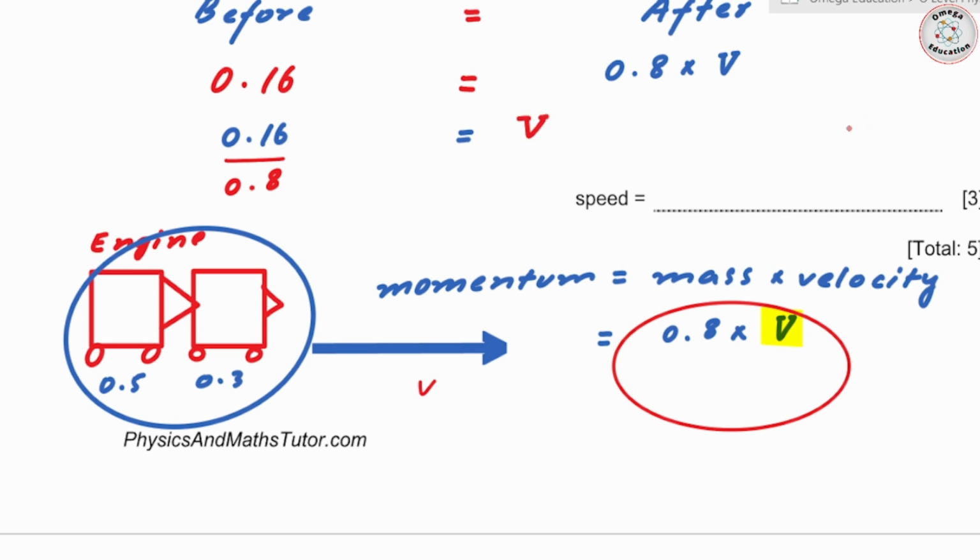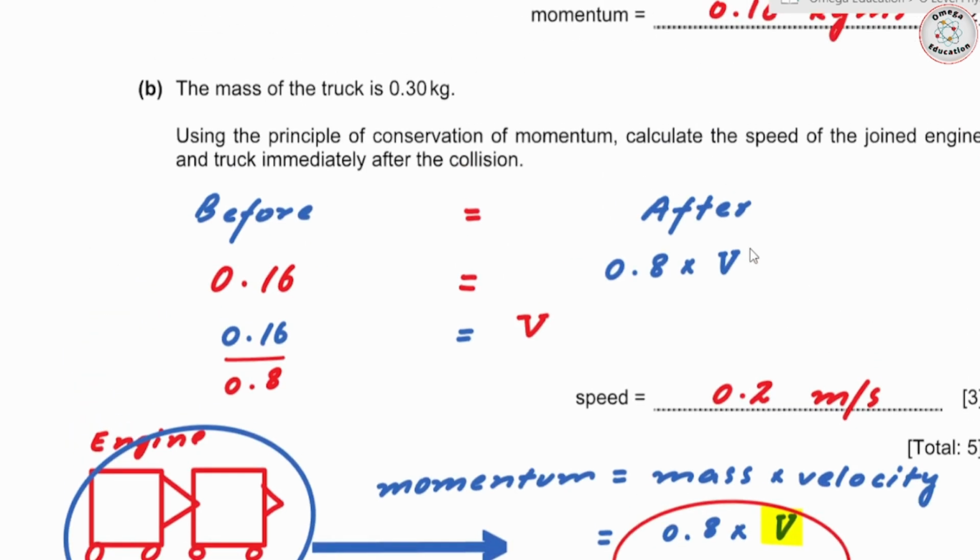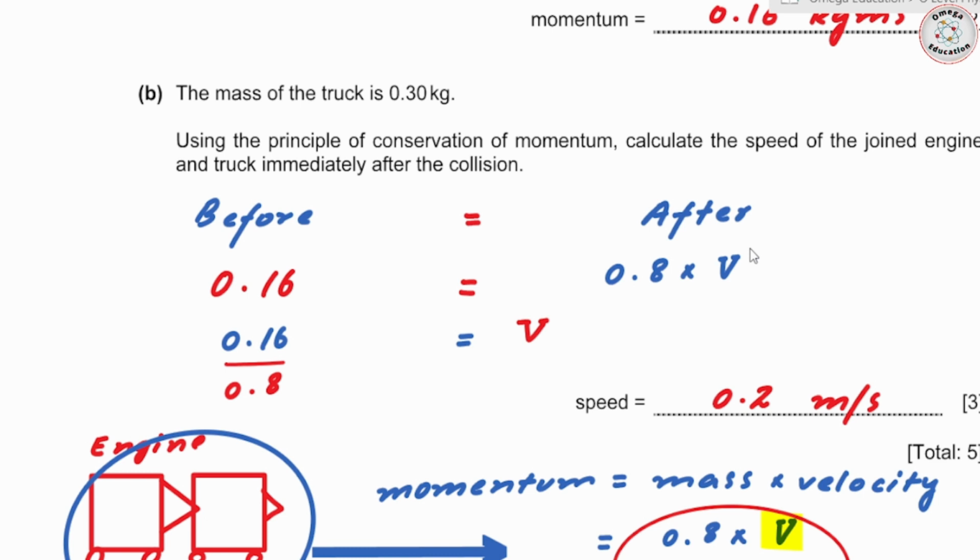What speed? The speed of the whole unit by which it's moving forward. And once you hit it on the calculator, your answer will be 0.2, and the unit of speed, everyone, is meter per second. So this is how you can apply the principle of conservation of momentum to find an unknown quantity.